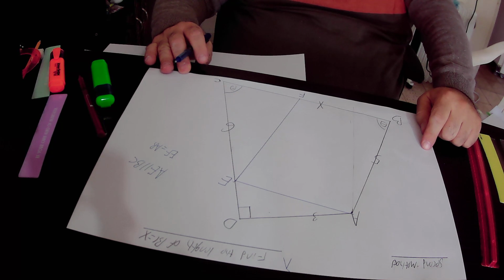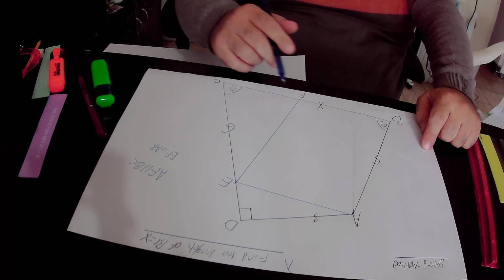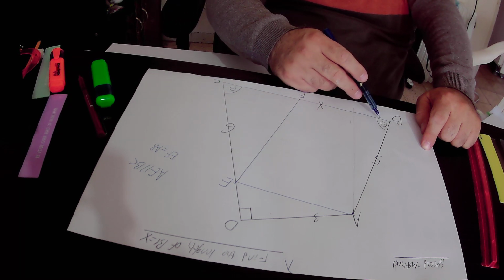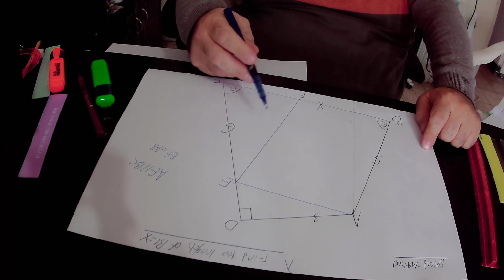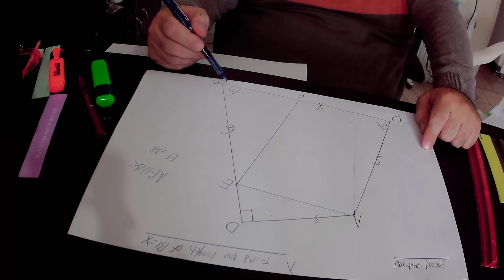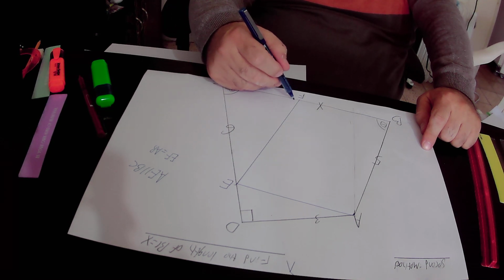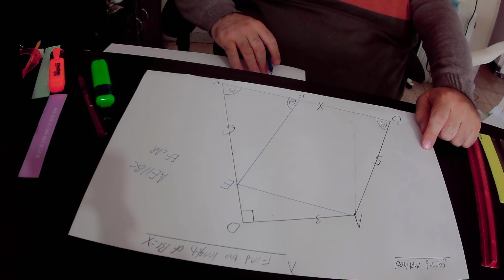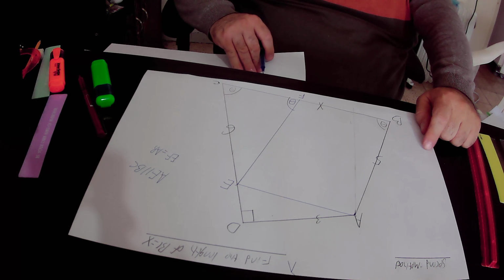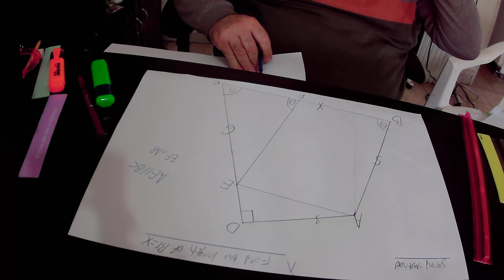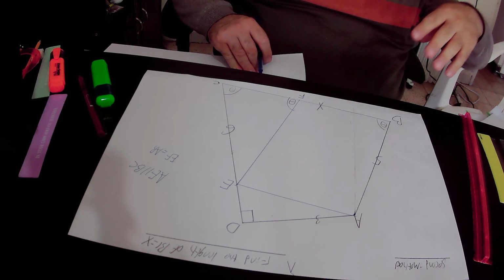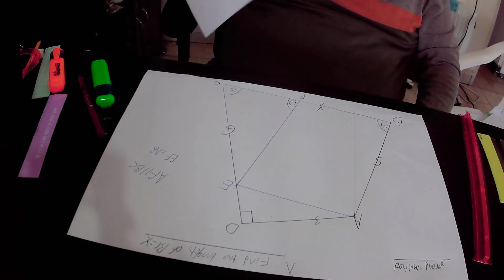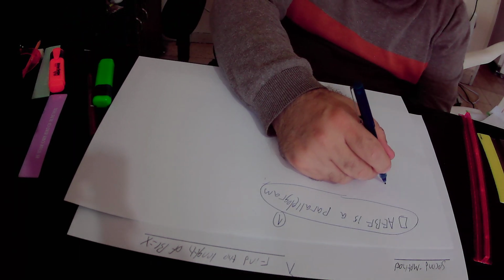And the angle ABC, this angle that is equal to theta, must be equal to angle EFC. That is to say, this angle must also be equal to theta, according to rule number 3, that the corresponding angles between parallel lines are equal to each other. Okay, so we have rule number 3.